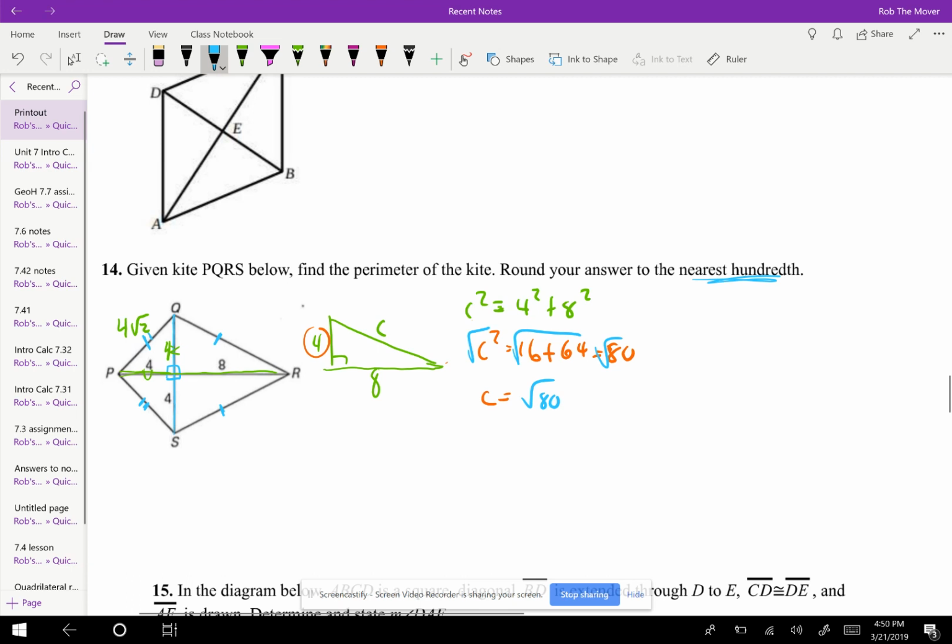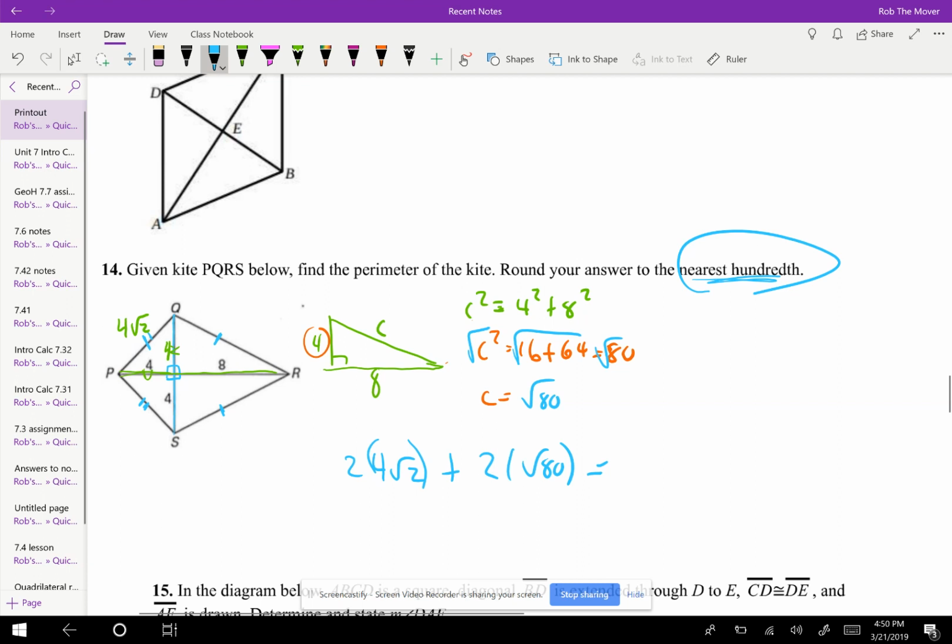So we're basically going to take 4 root 2 times 2 and add it to 2 times root 80. I really don't need to, since we're asked to find it to the nearest hundredth, I can go ahead and plug this into my calculator.